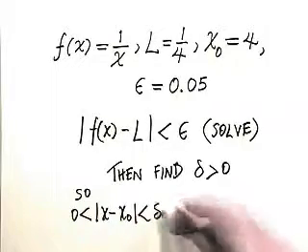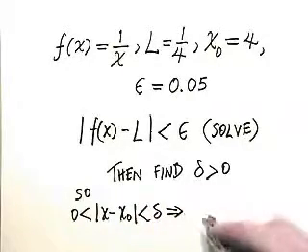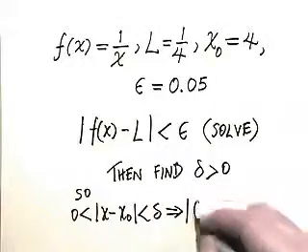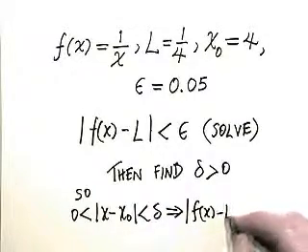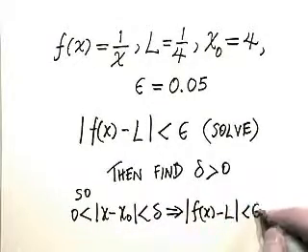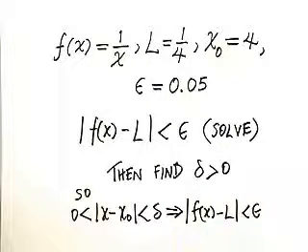And we want to do that for this very particular setup. This function, f of x equals 1 over x, we want x naught equal to 4 and L equal to 1/4, and epsilon is 0.05. Okay, so that's our problem.